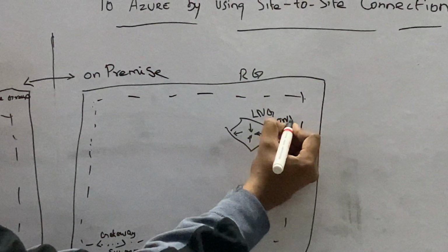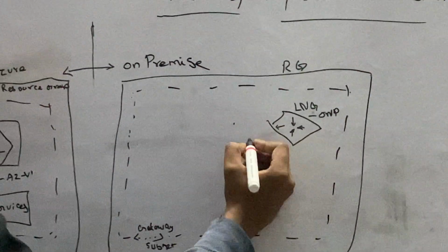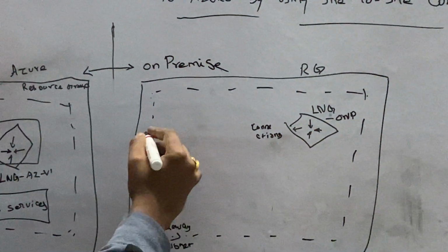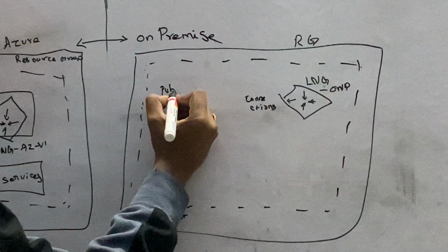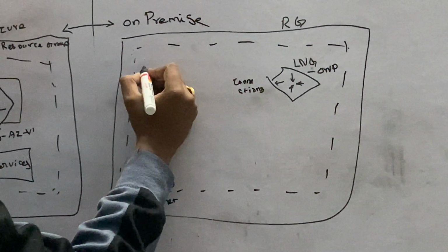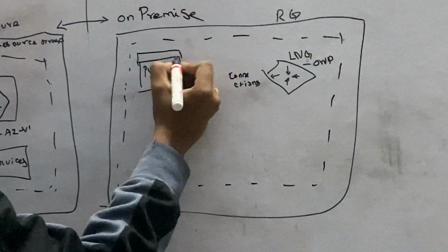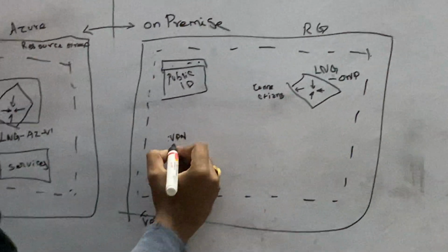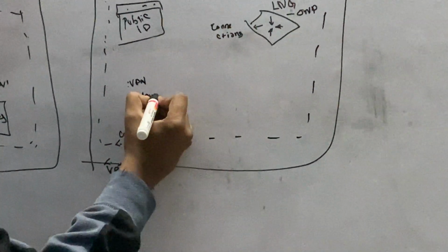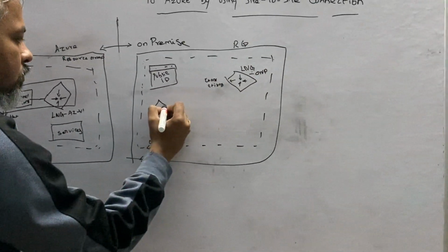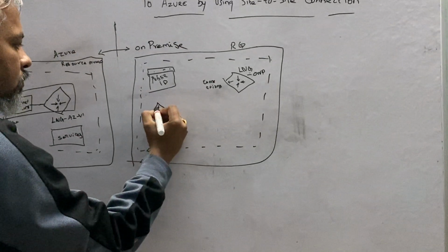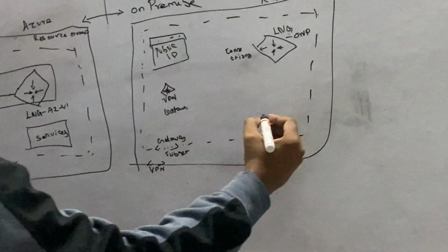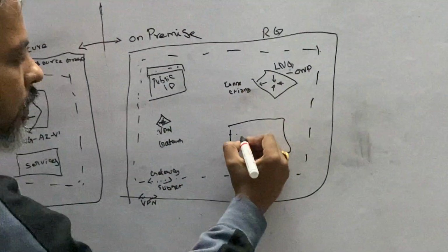This is on premises, and then connections, and then we'll be having a public IP. And inside that we'll be having a VPN gateway, and inside that we'll be having our applications.